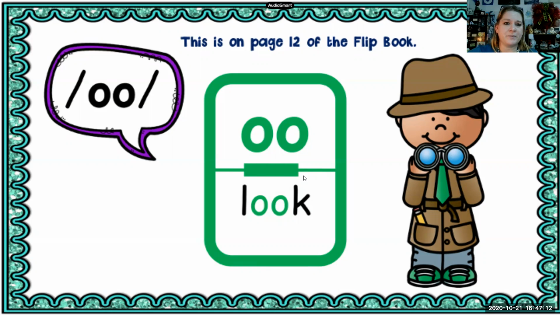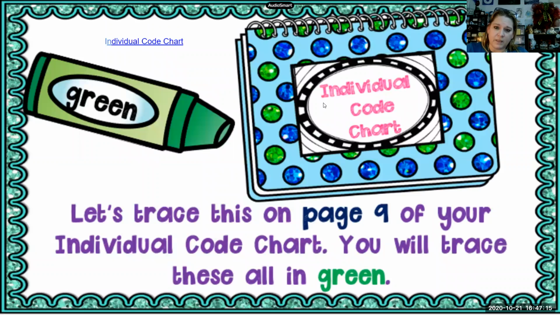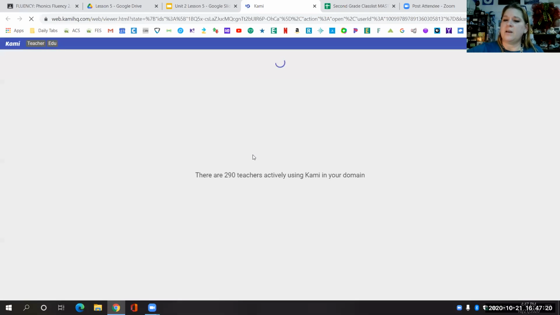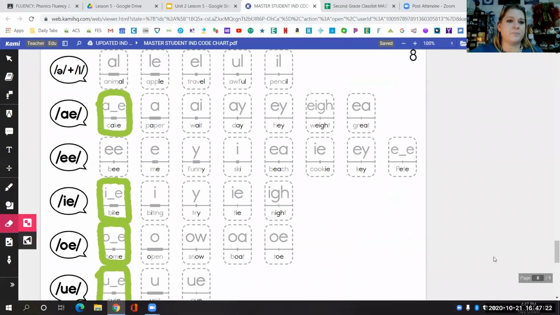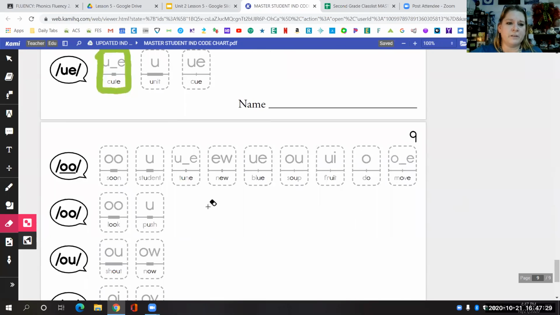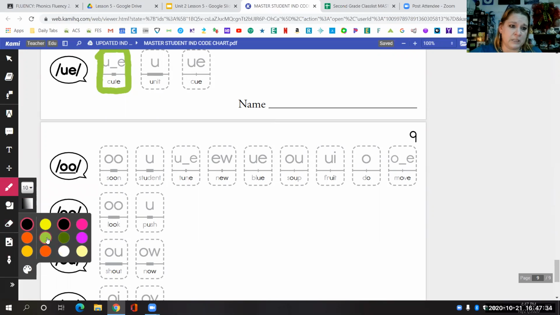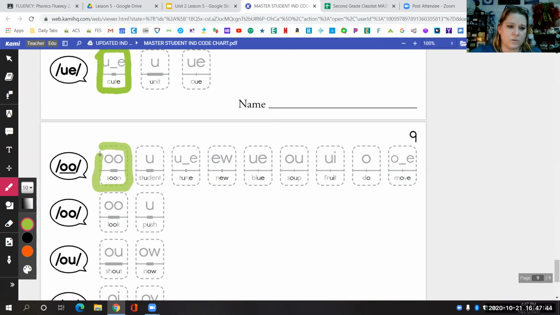All right, so let's go to page 9 of our individual code chart. And we're looking for the ooh. Oh, here it is, like in the word soon. I need green. Here we go. And we're also going to go ahead and do this one since we're on here.